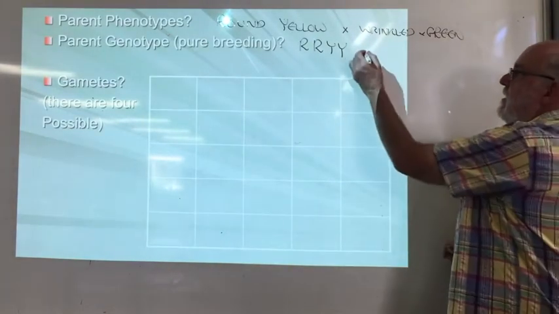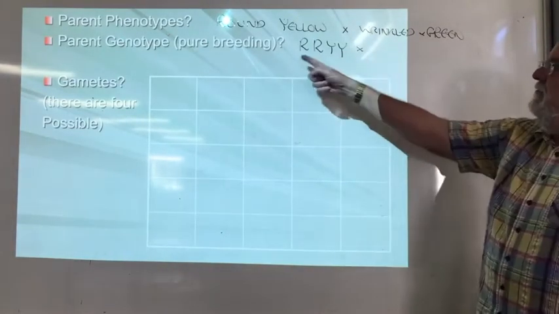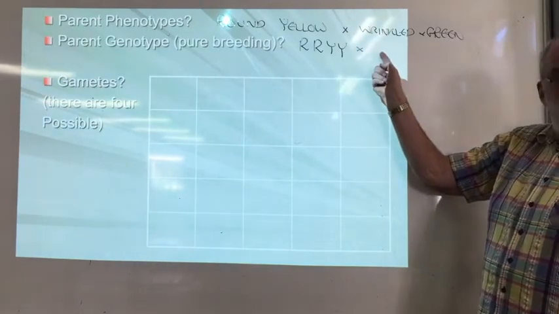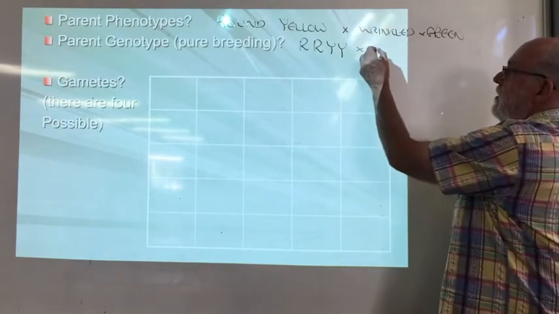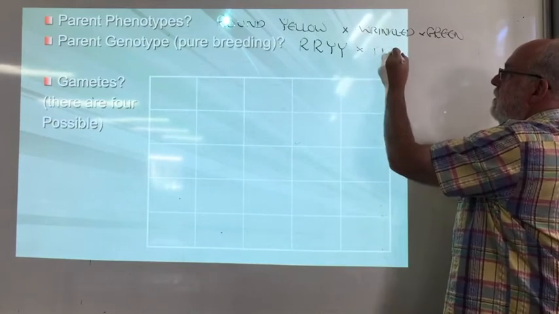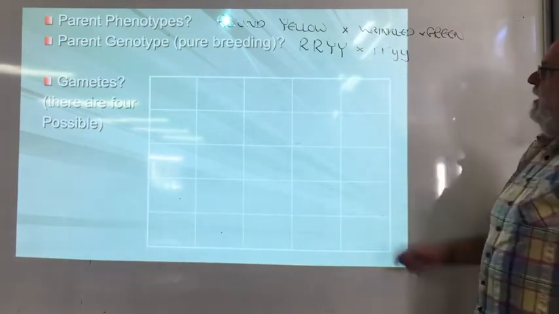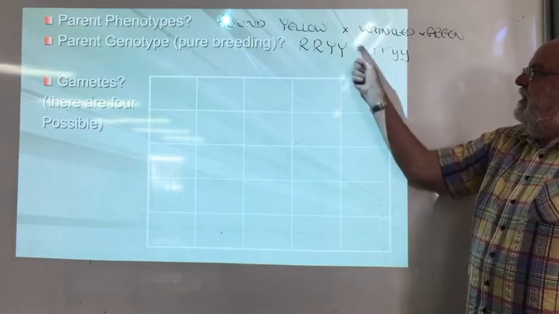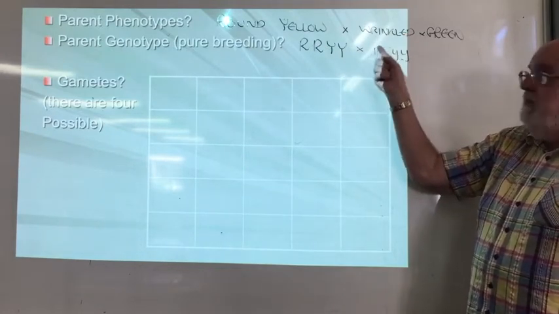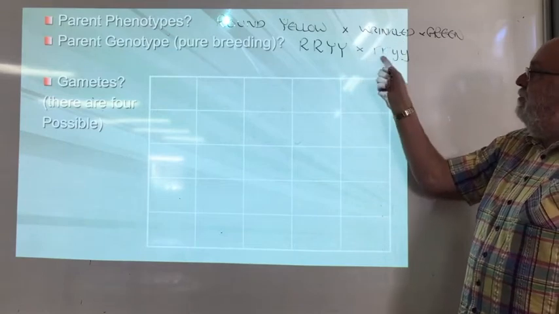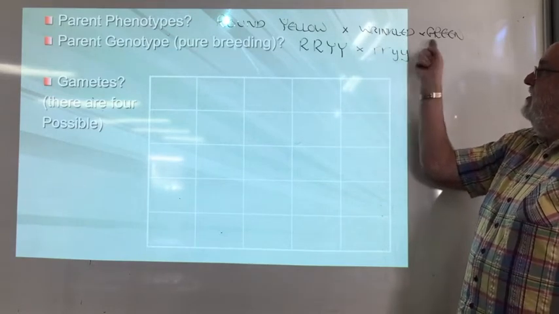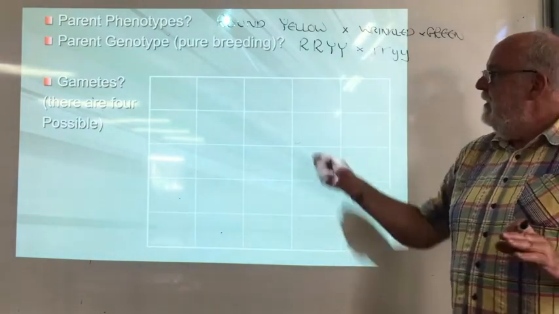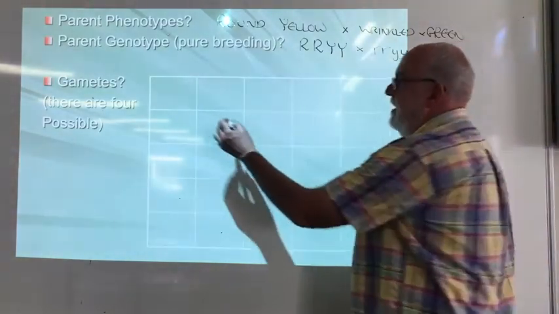So the genotype of the pure breeding recessive parent is going to be this. If this had any of these capital letters in, it wouldn't be wrinkled and green because it can't have any dominant alleles to show the recessive phenotypes. The gametes, we've got more space for gametes here.